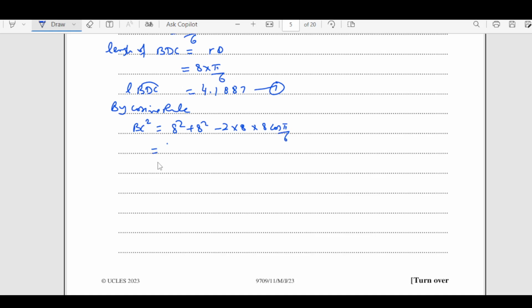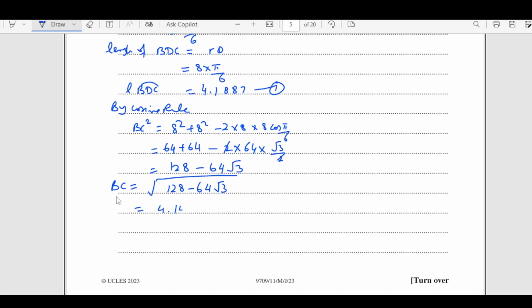So this is 64 plus 64 minus 2 times 64, and cos pi by 6 is root 3 over 2. Then the 2 and 2 cancel. So this is 128 minus 64 square root 3. Then BC is the square root of this. Just put these values in the calculator. Then I got 4.1411 centimeters. So this is BC.